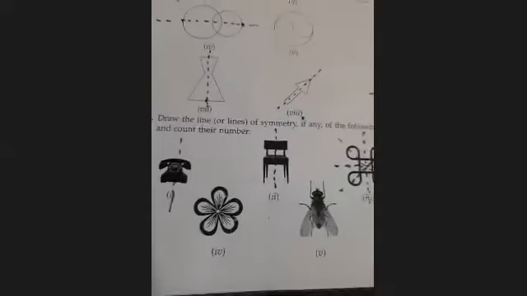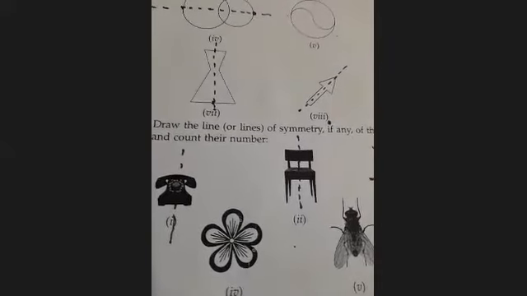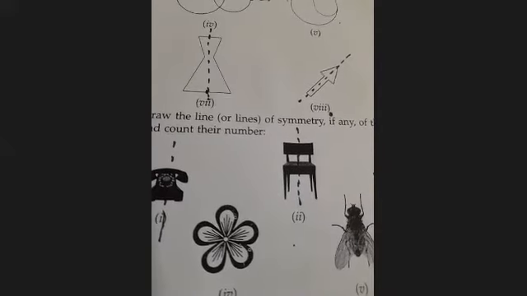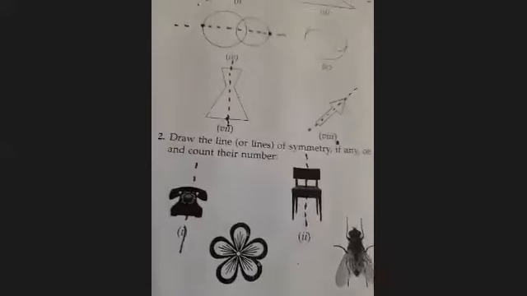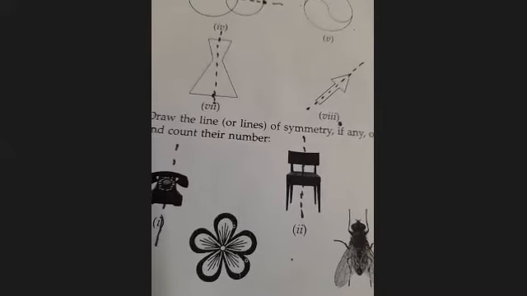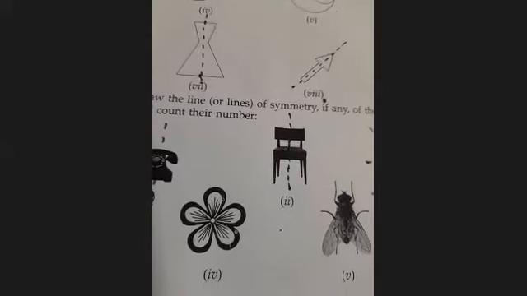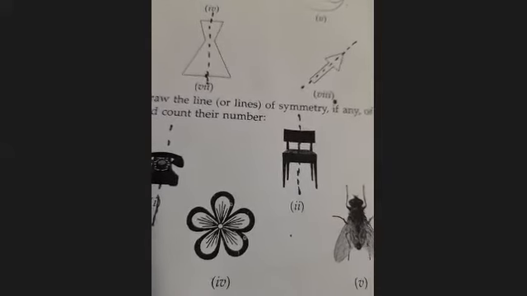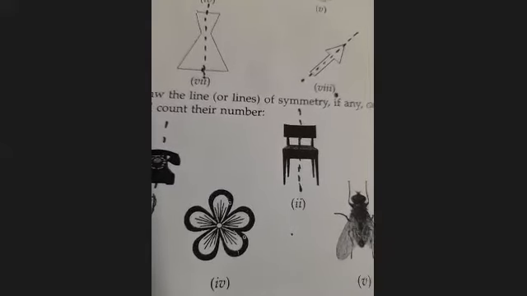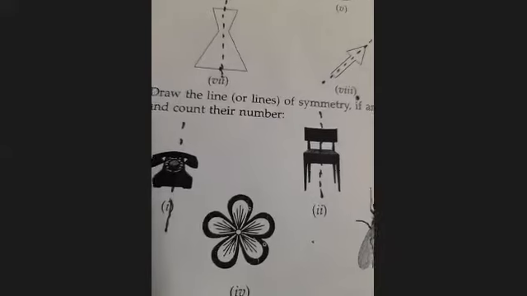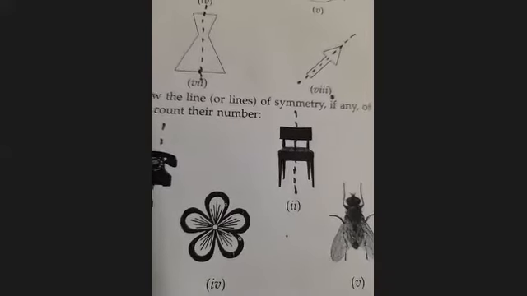Next is the fourth figure. Yes, students, you can see in this flower we have 5 petals, and all petals are equal in shape and size.